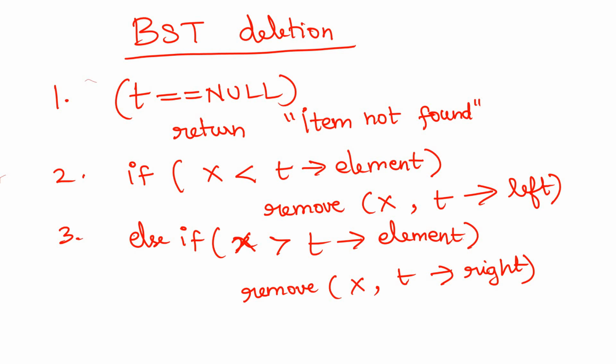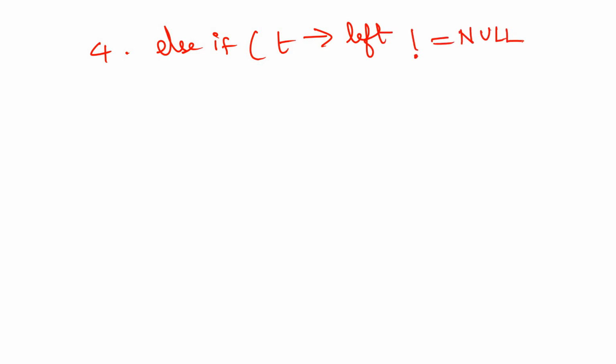So the last condition will be else if t of left is not equal to null and t of right is not equal to null, then what we need to do?